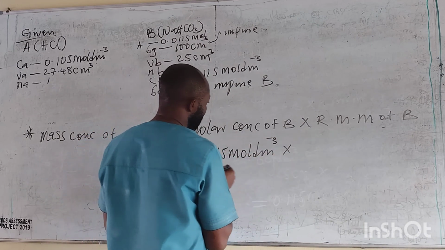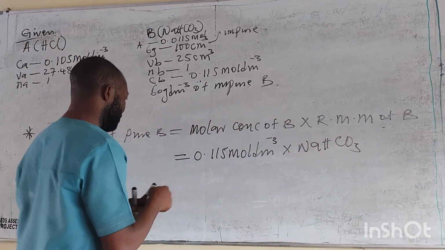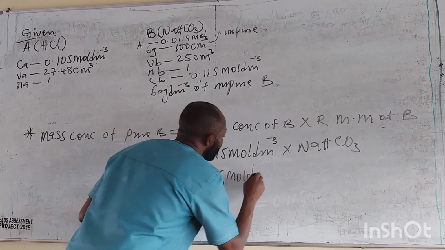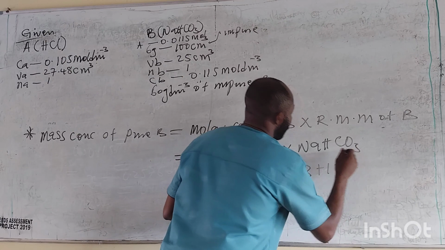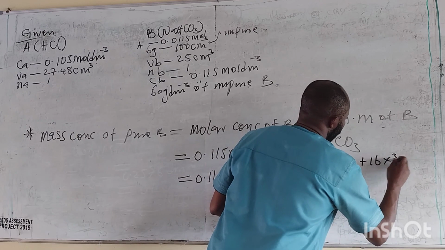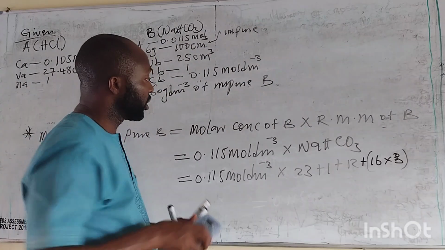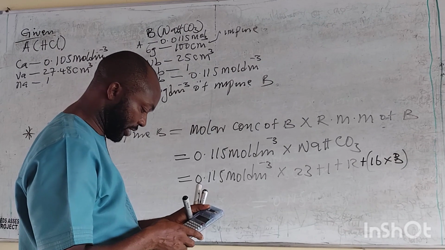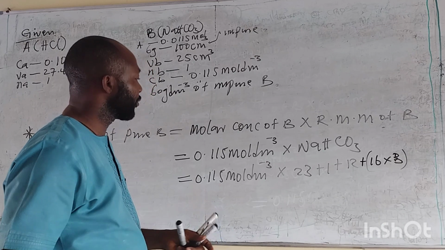The relative molecular mass is of NaHCO3. We're going to calculate that right now. 0.115 mole per dm³ times 23 plus 1 plus 12 plus 16 times 3. So 16 times 3 is 48. 48 plus 13 plus 23 is 84.